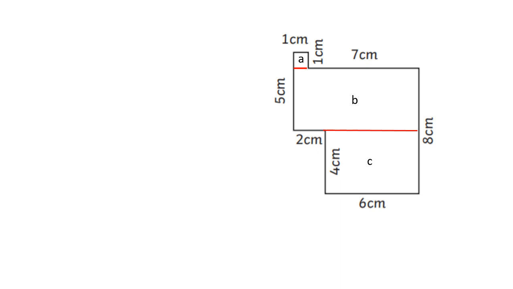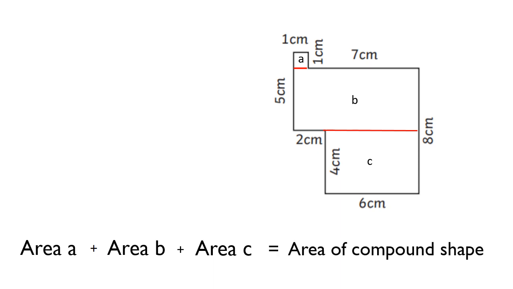So now all we need to do is to work out the area of shape A, the area of shape B, the area of shape C, and then we add them together to give us the area of the compound shape. Now, that doesn't seem too hard, however, we are missing certain dimensions.